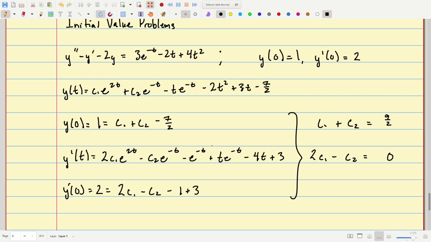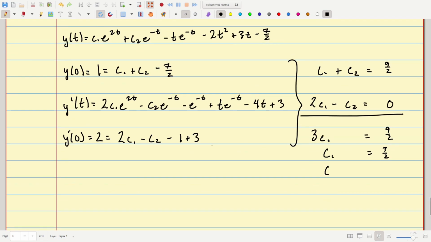Okay. So we add our two equations together. 3c1 is going to be equal to 9 halves. So c1 is equal to 3 halves, and c2 must then be equal to 3. That's what it says. We'll see if it looks right.